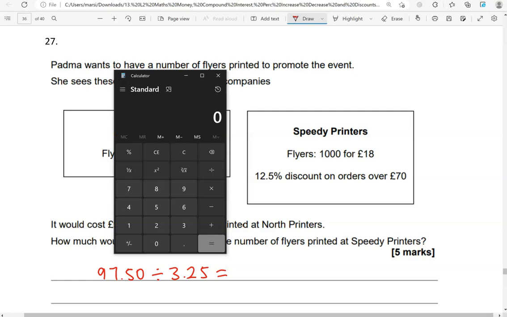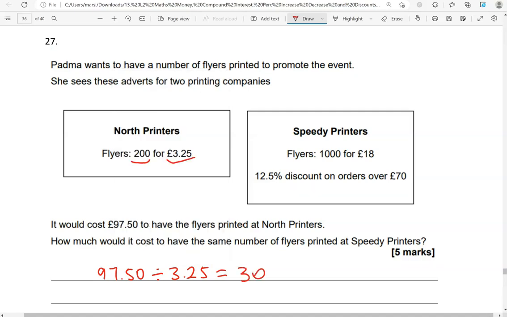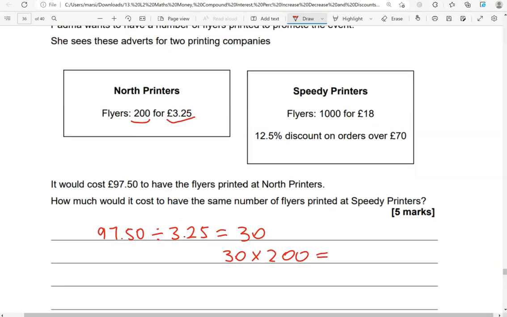So using a calculator, 97.5 divided by 3.25, which is 30. So we know now 30 times 200 leaflets were ordered. 30 times 200, that is 3 times 2, which is 6. Adding 3 zeros to that, which is 6,000.